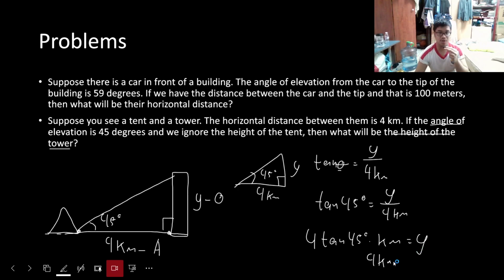Let me just fix the number 4. It looks like number 9 for some reason. So the answer here is 4 kilometers. Okay, so we're good to go. Now we're going to proceed to the next problem.